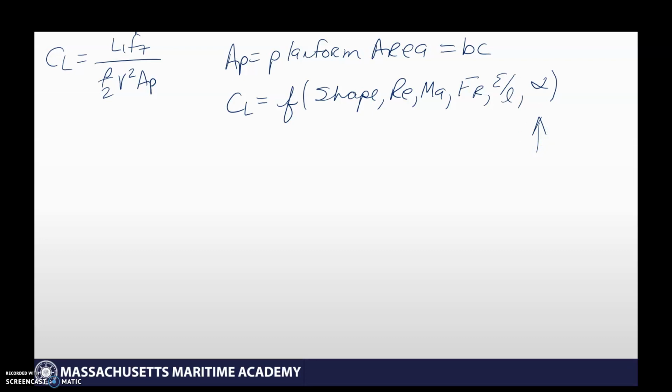Froude number, once again, only is going to matter for underwater wings. We do have epsilon over L here, but really the surface roughness is mostly unimportant because it's mostly going to be influencing drag. So most lift-generating bodies are going to operate in a high Reynolds number region where there are boundary layer and wake effects.